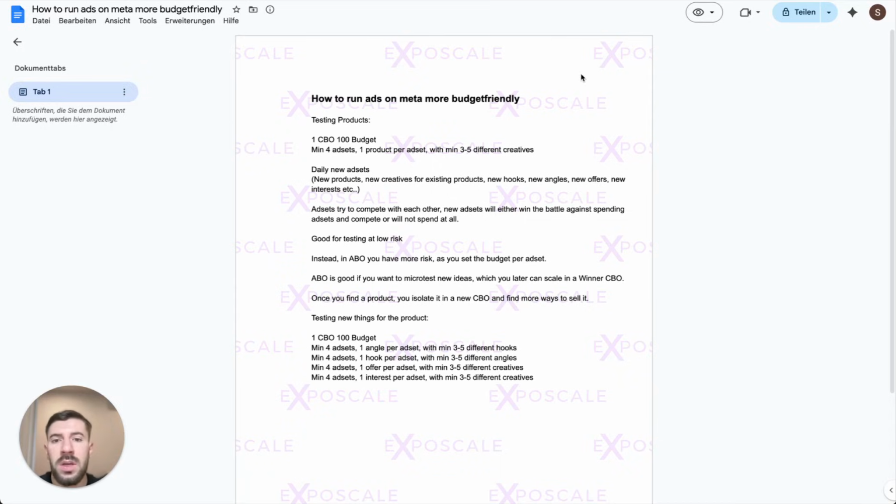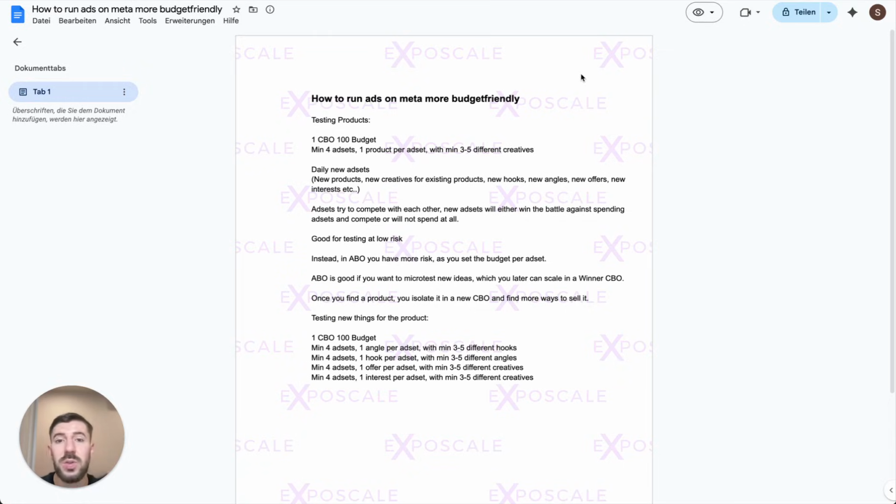This obviously is not as good as an ABO, because on an ABO you can micro test and also put a minimum budget per ad set, so you can validate things by yourself instead of just giving all the control to Meta. Obviously, sometimes it's better to give Meta control, but the problem is that if you're just using CBOs, you're probably missing a lot of new opportunities.